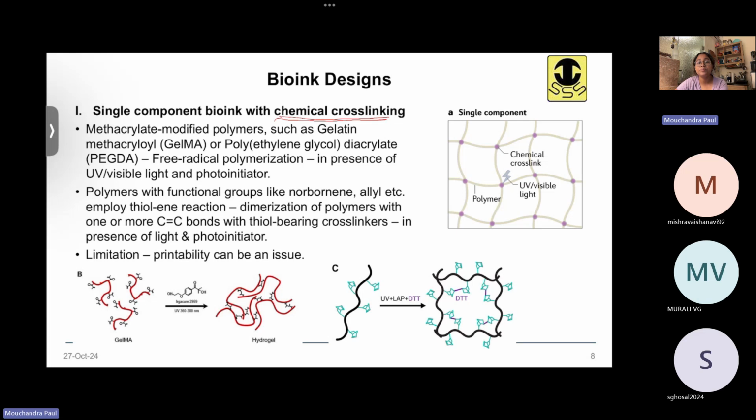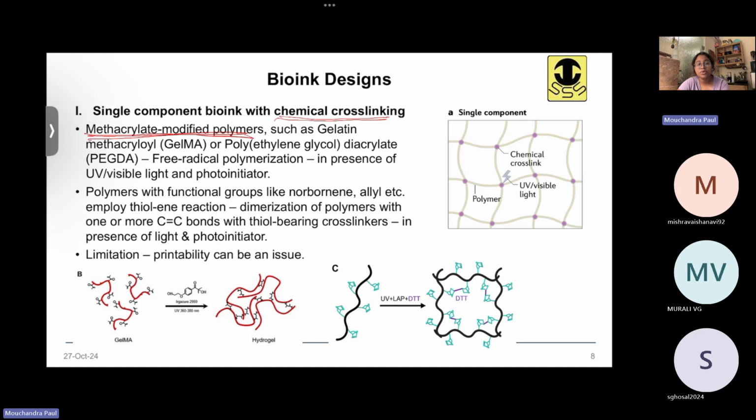Under this method, people have used various methacrylate-modified polymers. What is methacrylate? Methacrylate is a group that allows free radical polymerization and the formation of covalent bonds among the polymer chains in the presence of light.